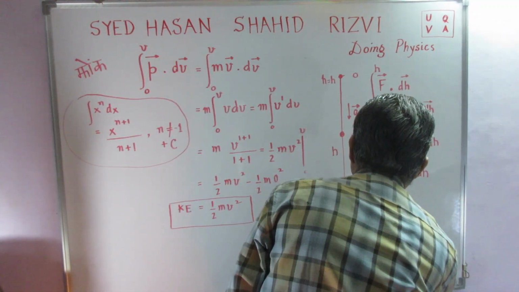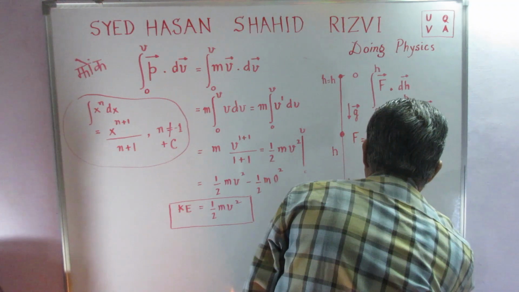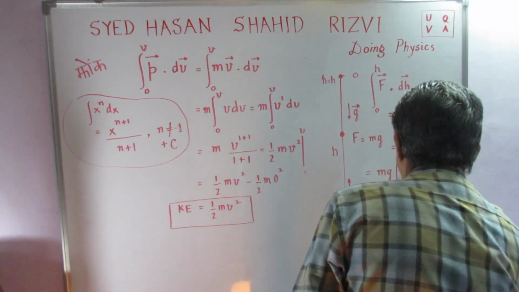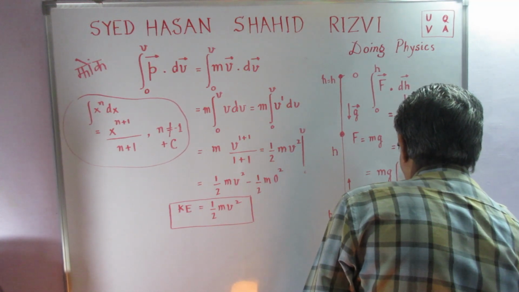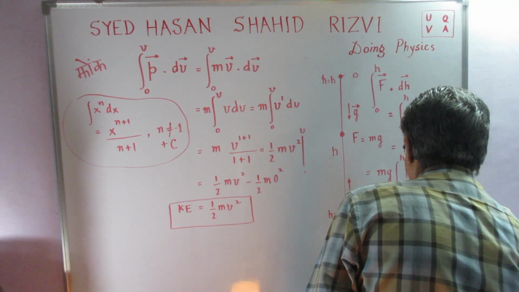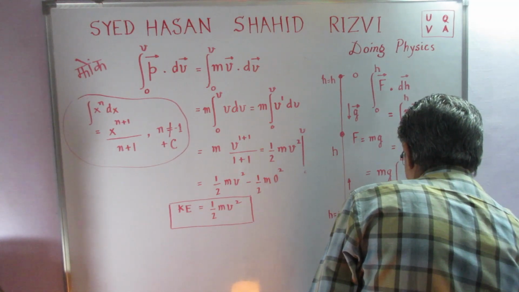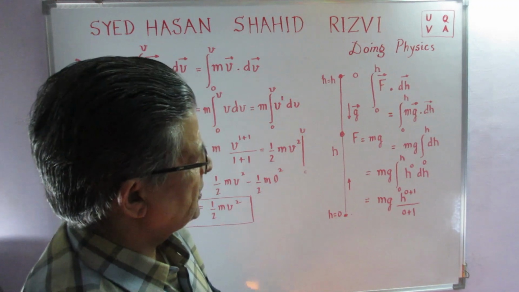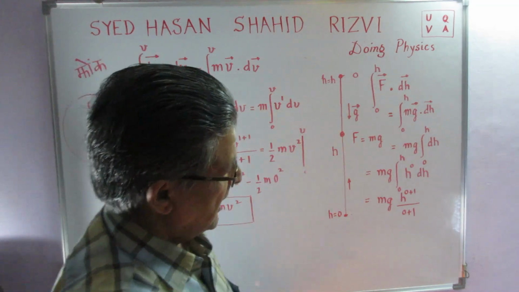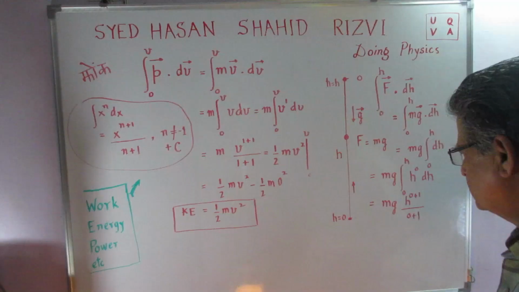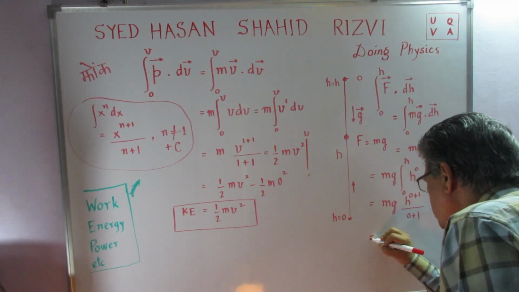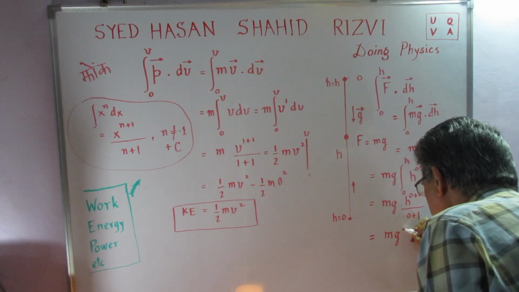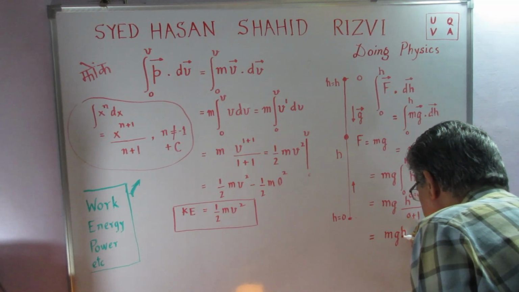So this equals mg times h to the power of 0 plus 1 divided by 0 plus 1. Because 0 plus 1 is not equal to 0, I can use this formula, where n is not equal to minus 1. So this turns out to be our beautiful relation, mgh.